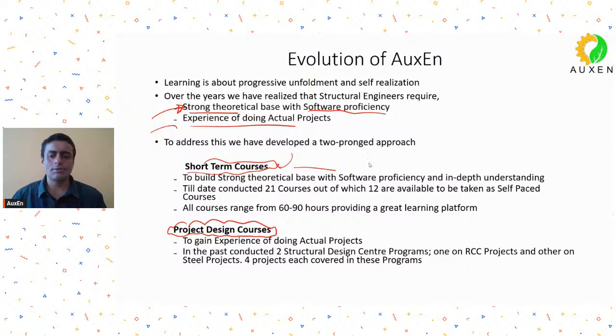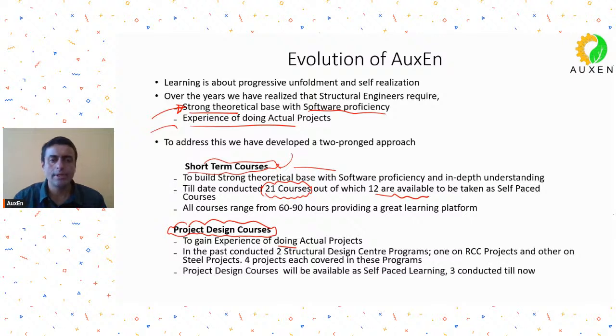So we have a two pronged strategy. Till now we have conducted 21 online courses, 12 of which are available as self-paced learning courses, and we have also conducted three project design courses. In addition, we have conducted two 6 month structural design center programs. Anyway, let's move ahead.